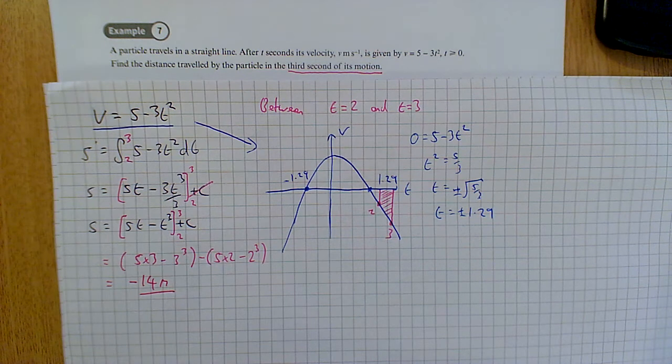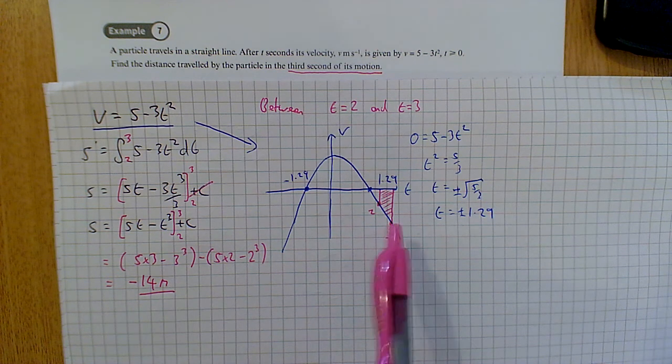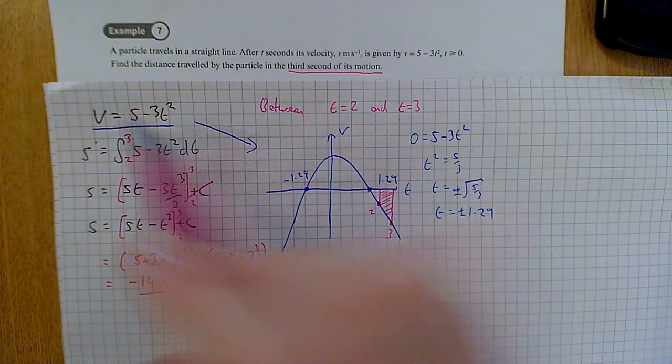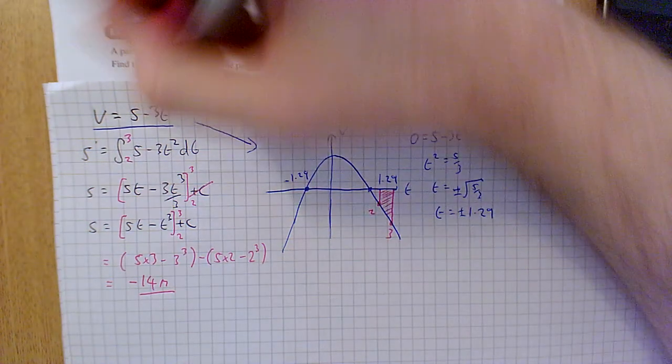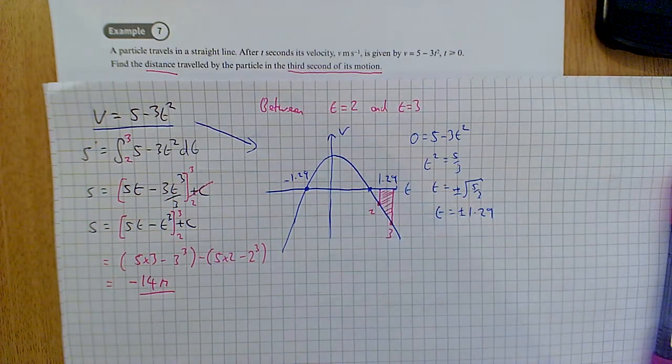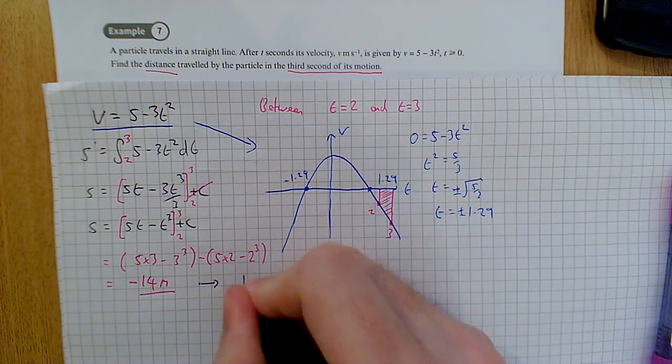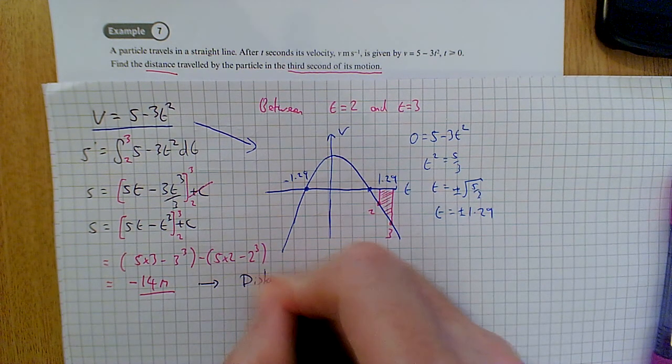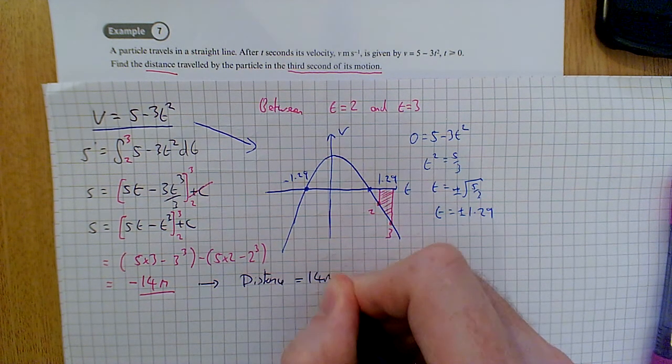Remember what we found out is the displacement. So if we go from velocity to displacement, that will include the direction. We can see the area under the curve is negative, so we would expect to get a negative answer. But if you look, the question doesn't ask for displacement, it asks for distance. So what we've got here is that the distance itself is going to be 14 meters.